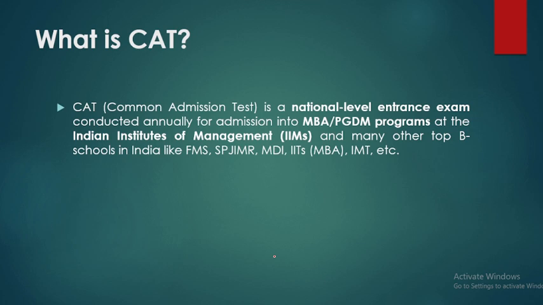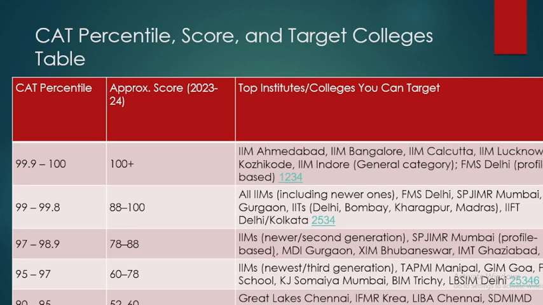Many prestigious institutes are dependent on the CAT score, your CAT percentile score. Just to understand what percentile is, suppose there is an exam in which 100 students appear, and you got 99 percentile.